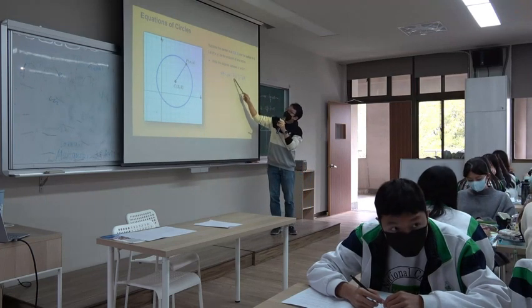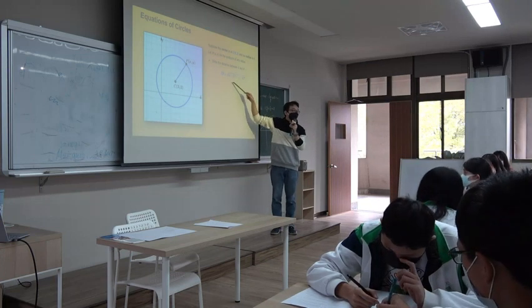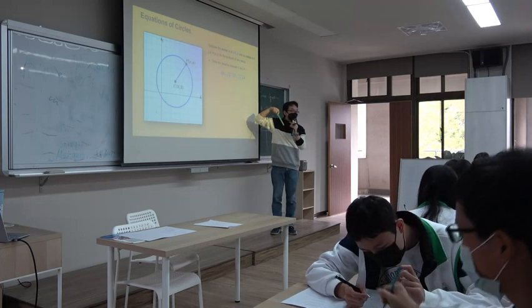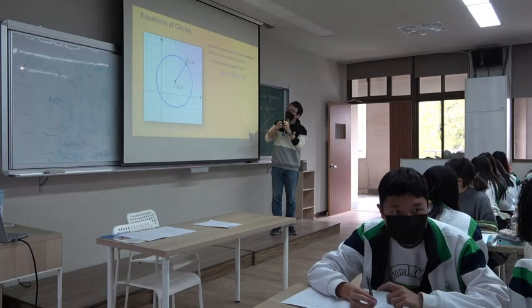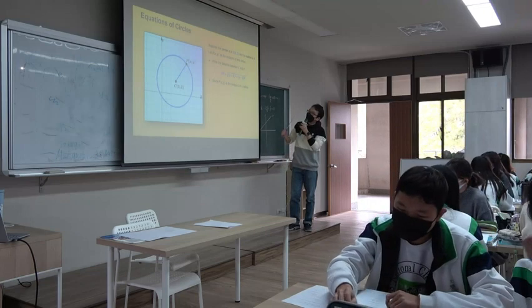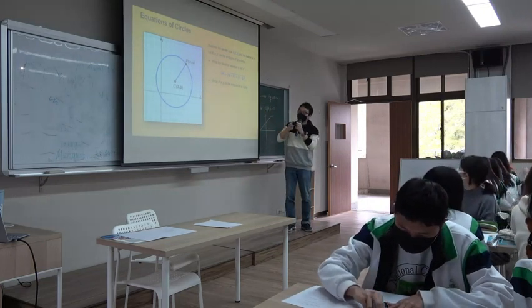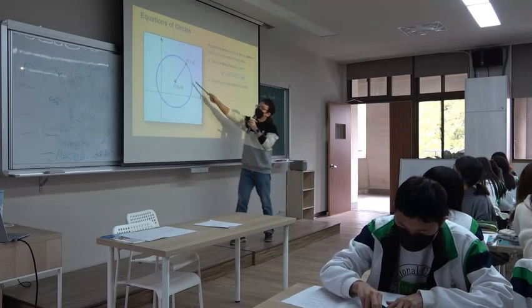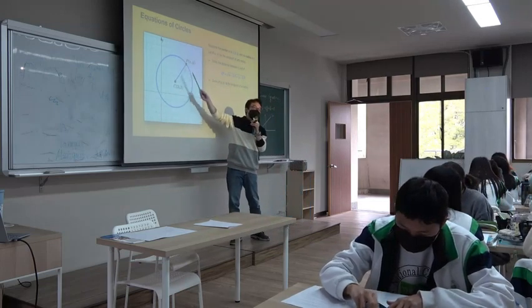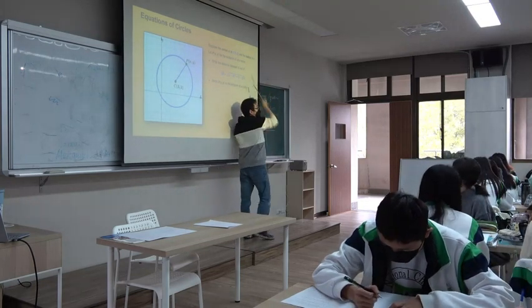So CP is equal to, we use the formula to write this. Okay? And since P is the endpoint of a radius, so CP is the radius, right? And the radius is equal to 4, right?